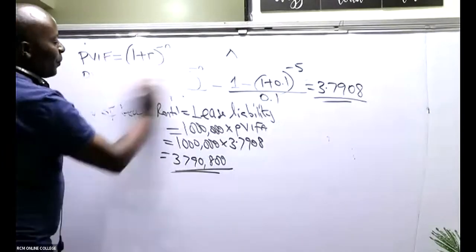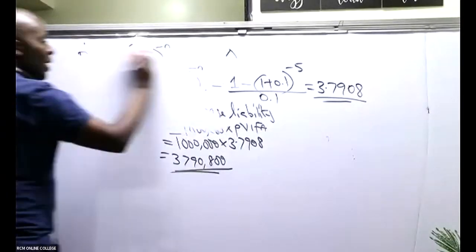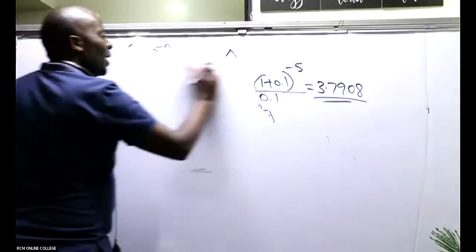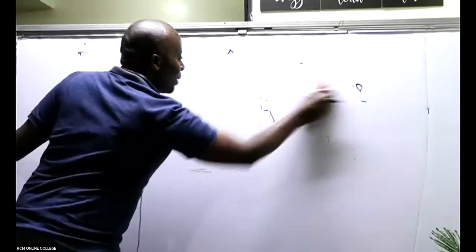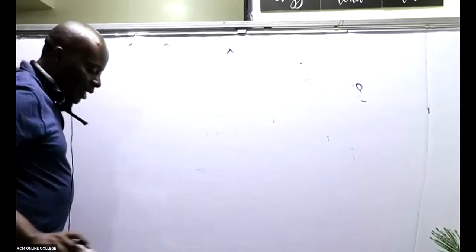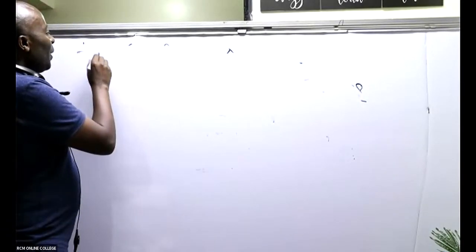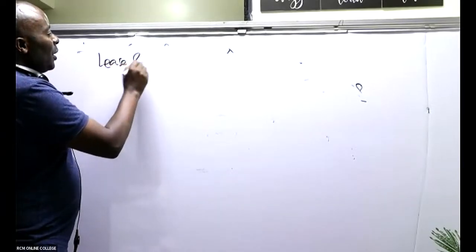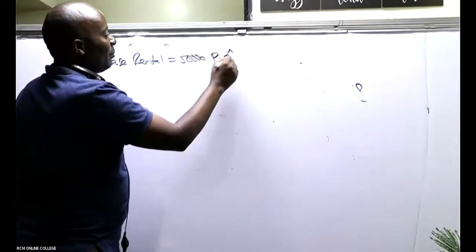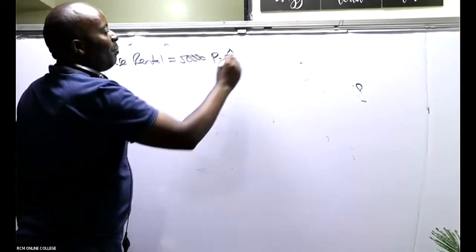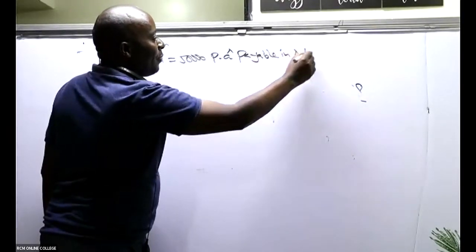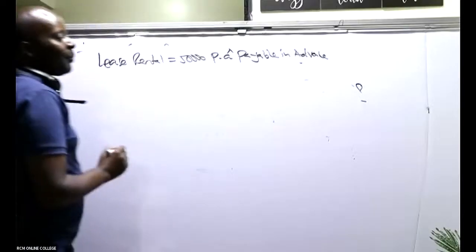But you see again, another trick that I've always seen the AFR, Advanced Financial Reporting, and of course the Intermediate Financial Reporting examiners doing. These examiners will come and tell you the following: that lease rental is 50,000 per annum, payable in advance.